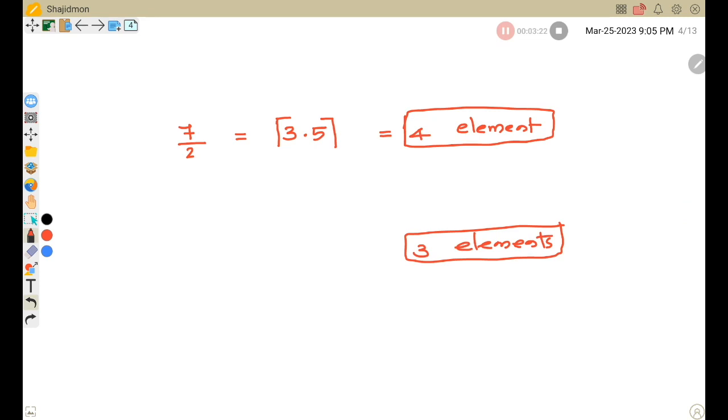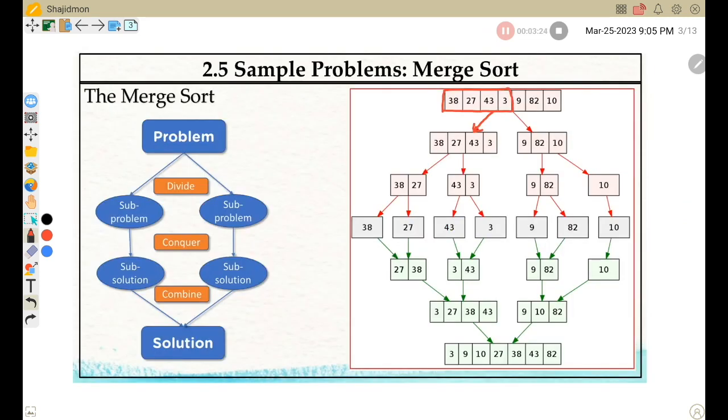In this example, the list with 4 elements divided by 2 gives 2 elements in one list and 2 in the other. The list with 3 elements divides into one list of 2 elements and another of 1 element.